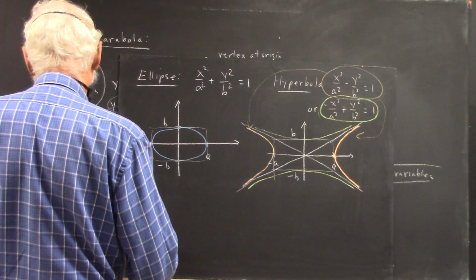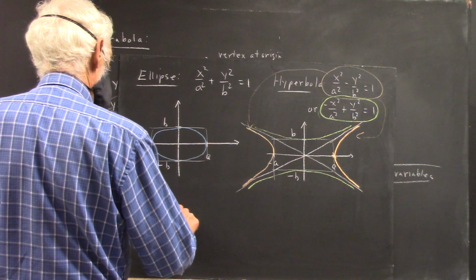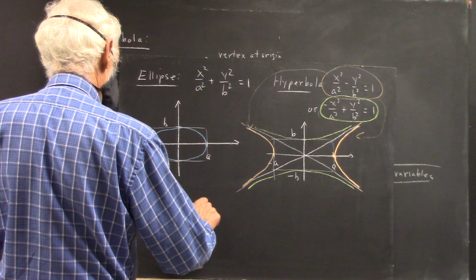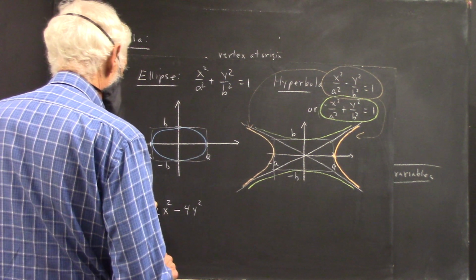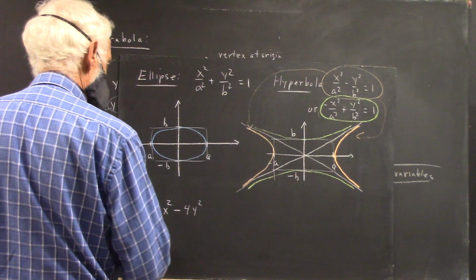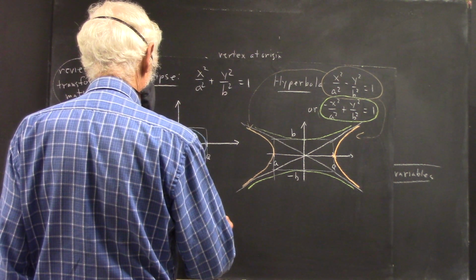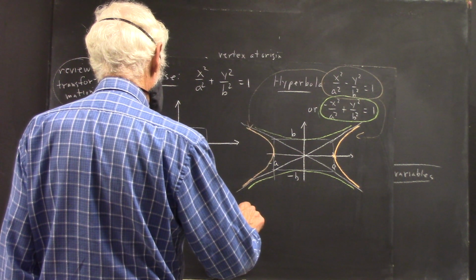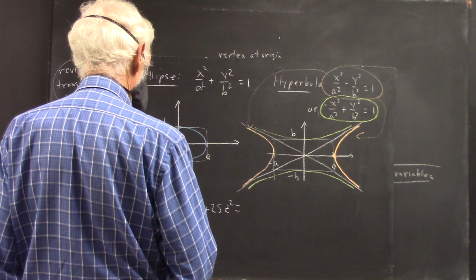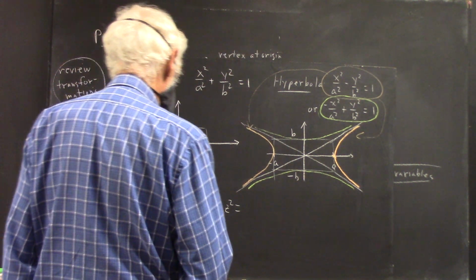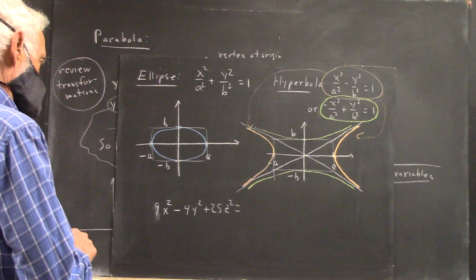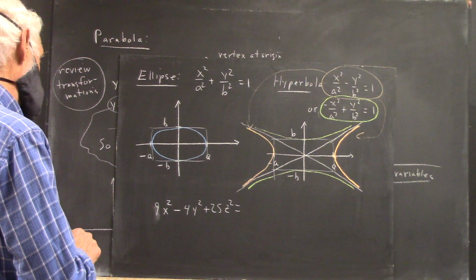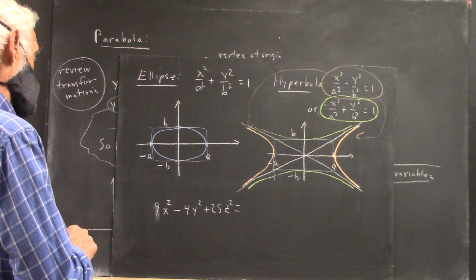Let's say you have the equation 9x squared minus 4y squared, and I want this to equal something that's a multiple of all those numbers, and the smallest multiple of all those numbers is 900.